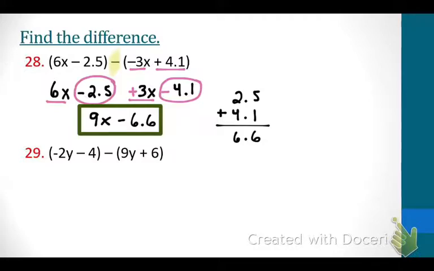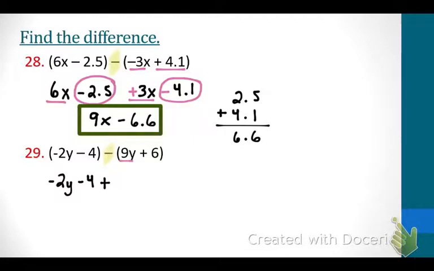Hayden, do I need the parentheses on the outside? Nope, not on the first one. So I'm going to let them disappear and drop down everything on the inside. Isaac, what should I do because there's a negative on the outside? Okay, we're going to change it to a positive, but what do I have to do to everything else on the inside?